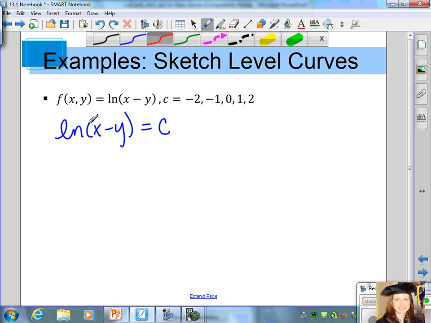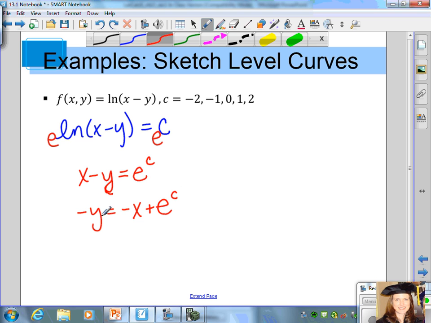And what you can do here, since this is a natural log, you can take e and raise it to both sides. And e to the natural log of x minus y can be simplified to x minus y equals e to the c. Now we can rearrange this. We can say negative y is equal to negative x plus e to the c.